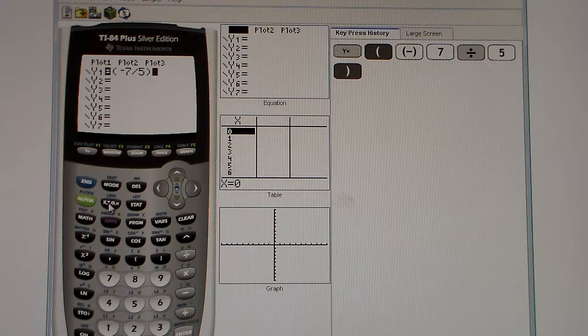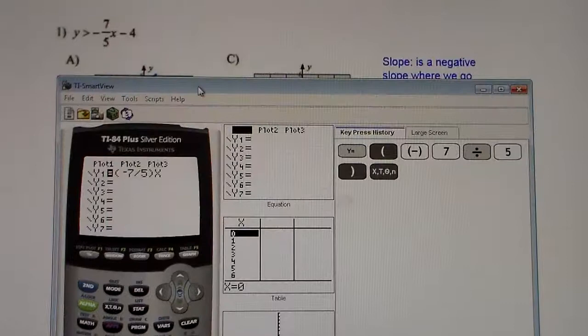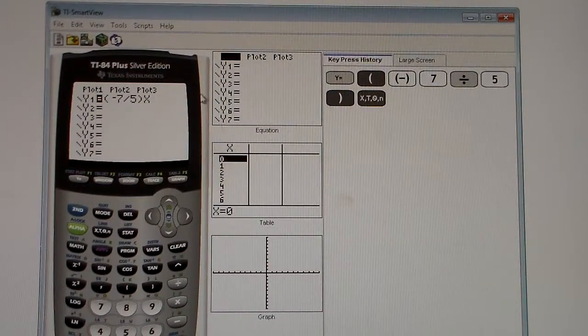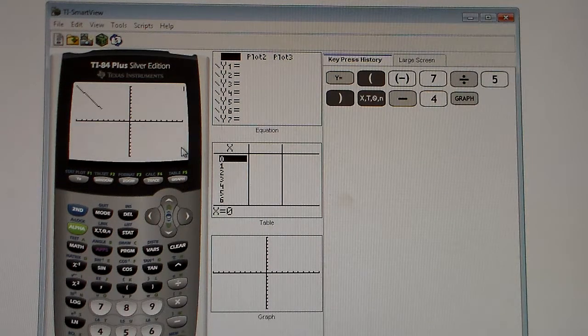Then we're going to hit the x button, which is diagonal of the second button. Then we're going to do minus 4. On the right hand side here, it shows you all the buttons that I hit. Once we type that in, we can hit the graph button and we'll be able to get the graph of what our picture is going to look like.